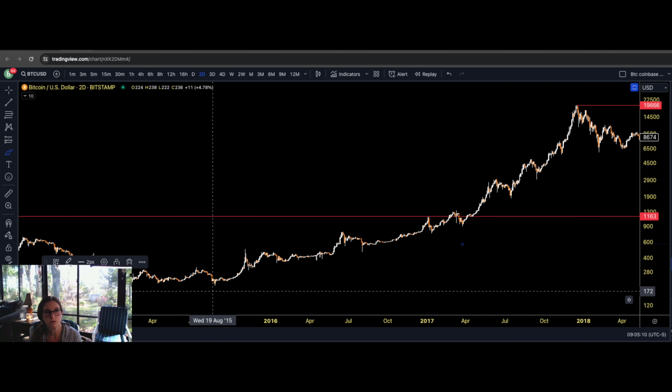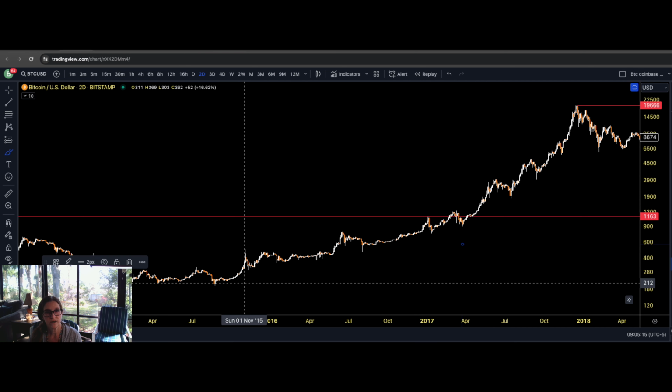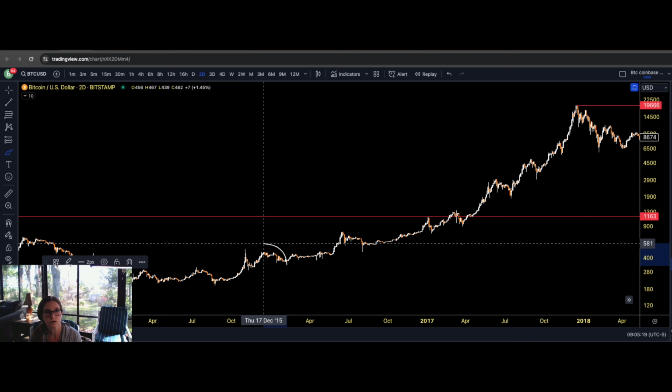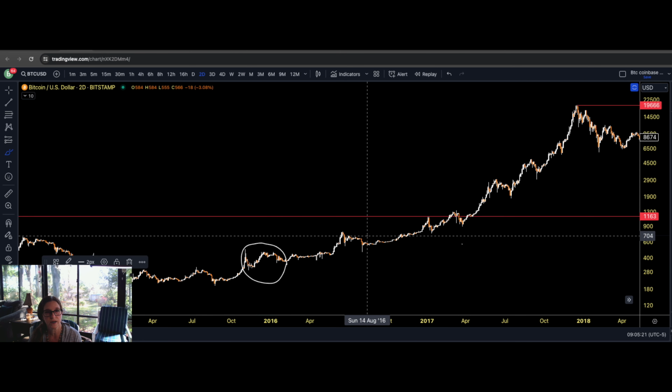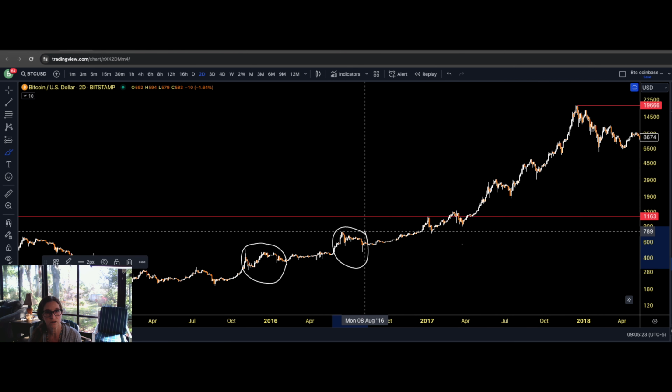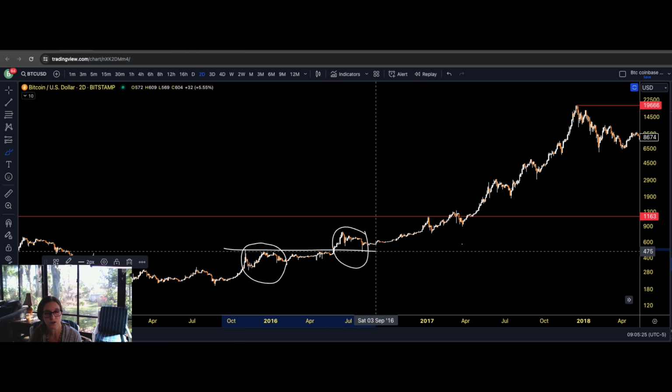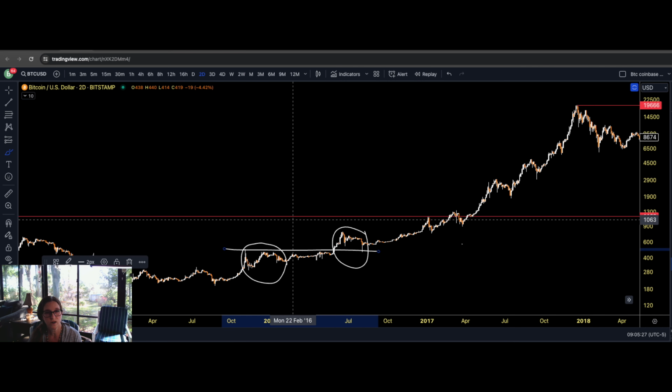So we're looking at the bull market from 2015. When a bull market starts, the majority of the time, you have a series of ones and twos of lower and higher degree. Notice that they found support on top of each other. For every 1 and 2, you need a 3 and a 4 to match up with it.